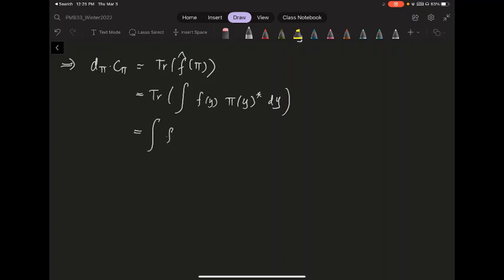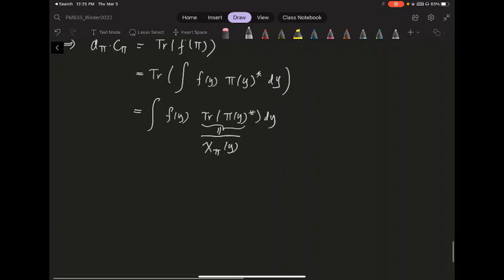So that's the integral of f(y) times the trace of the conjugate transpose of pi(y), pi(y) star, okay? But when you take the star, you just transpose it and take the conjugate. It doesn't really change the diagonal other than putting a conjugate on the diagonal. So this trace is just really the characteristic function, but take the conjugate. So this is going to be equal to the characteristic function at y, and you take its conjugate.